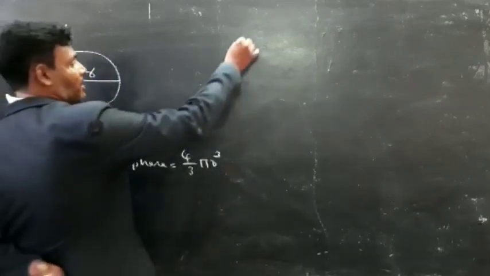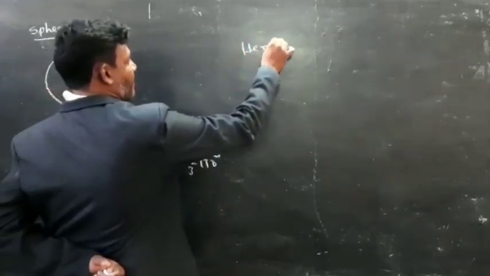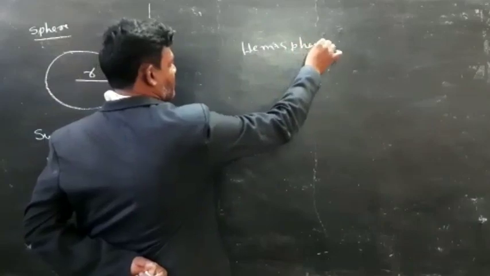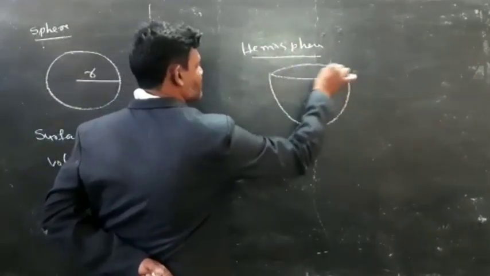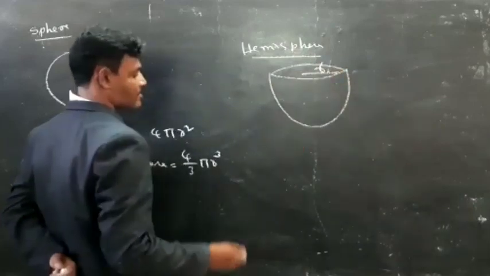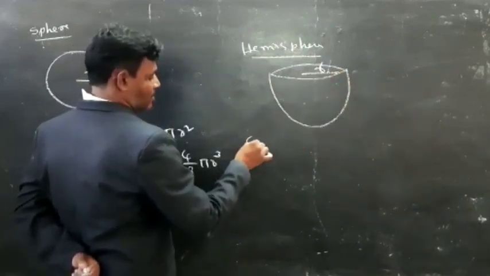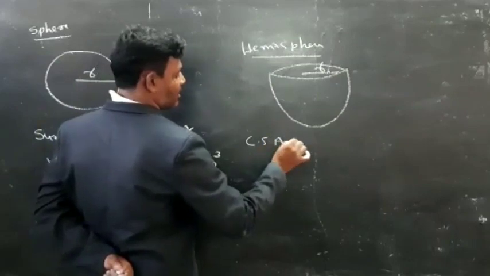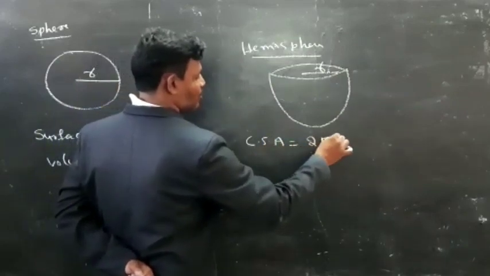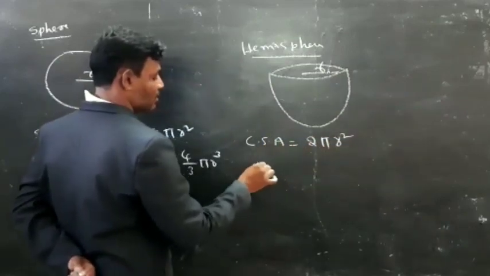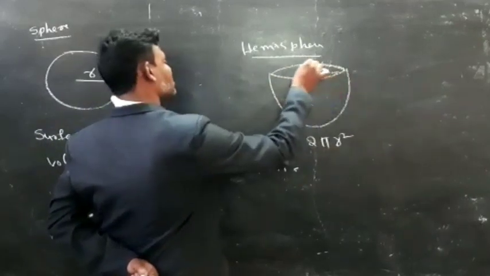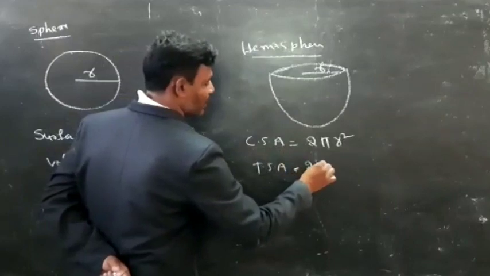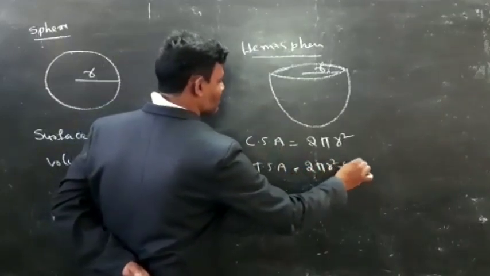Next, hemisphere. Curved surface area of hemisphere is 2 pi r square. Next, total surface area, including the area of this circle, is 2 pi r square plus pi r square.